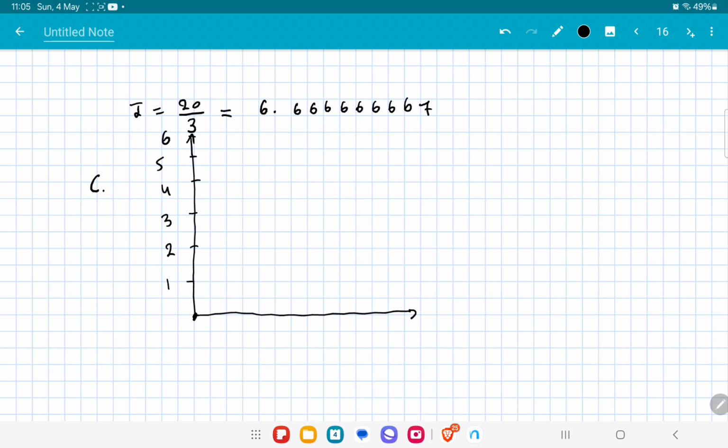We have f of x equals x squared plus 2. For x equal to 0, we have this coordinate here. For x equals 1, the y value is 3. And for x equals 2, the y value is 6.